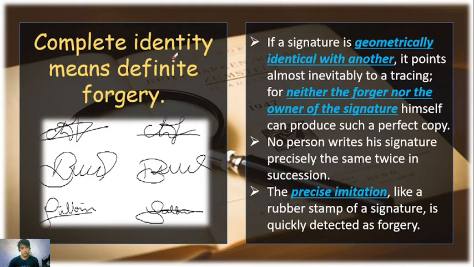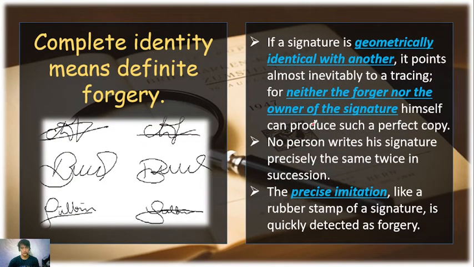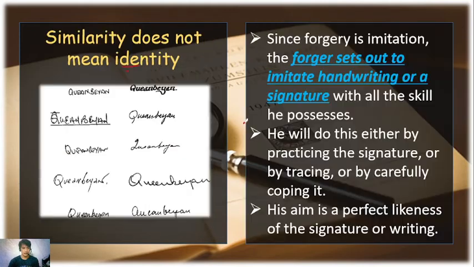Okay, so complete identity means definite forgery. Halos magkaparehas yung signature or magkaparehas yung characteristics, or they are geometrically identical. Geometrically identical, ibig sabihin magkaparehas yung size, magkaparehas yung alignment, magkaparehas yung spacing, magkaparehas yung slant ng paggawa niya ng signature.